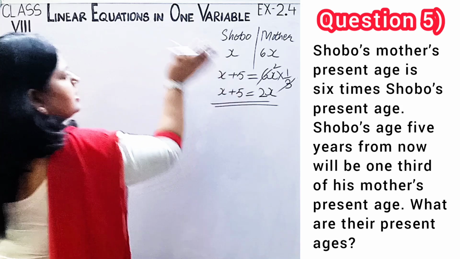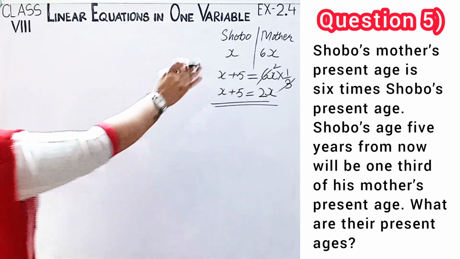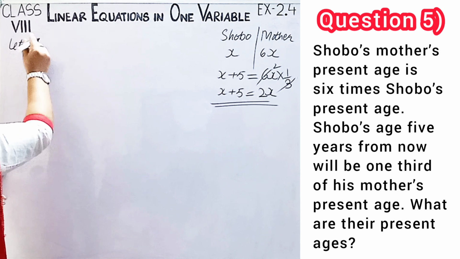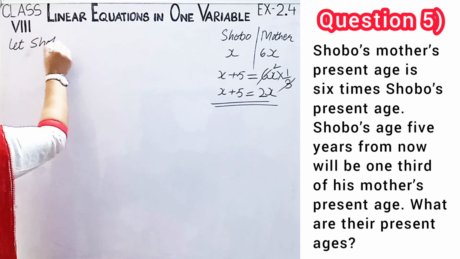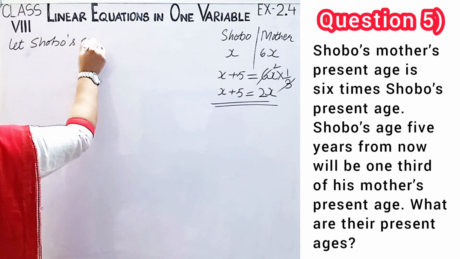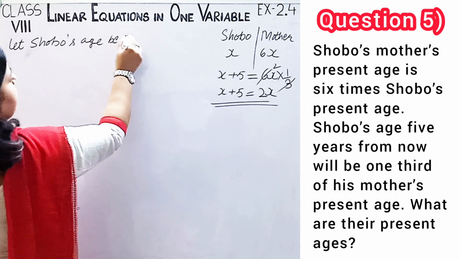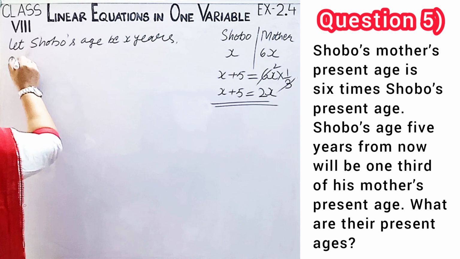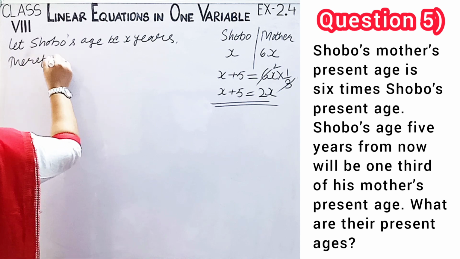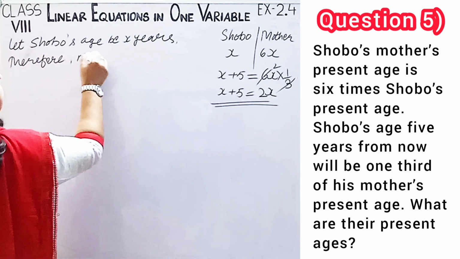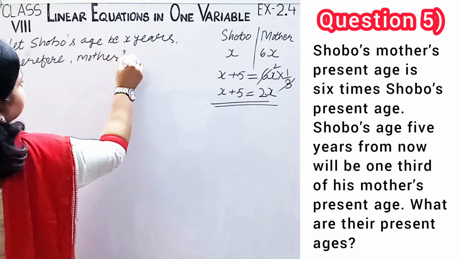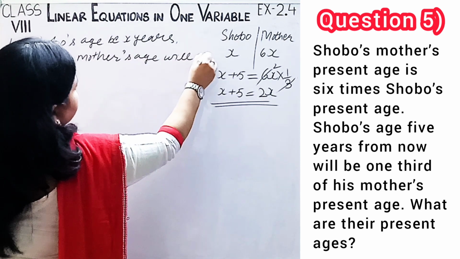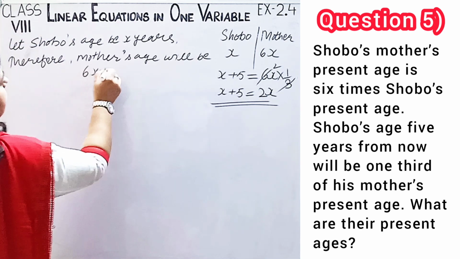Now coming to the statement part. Let Shobo's age be x years. Therefore, mother's age will be 6x years.